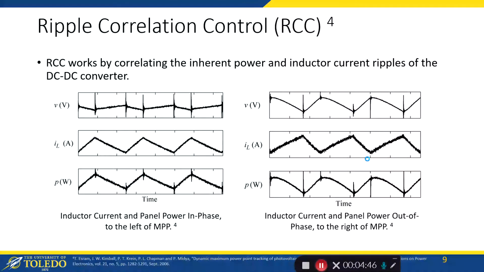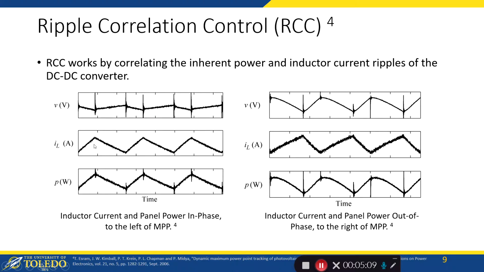Talking about the ripple correlation control, this is the algorithm that we have used for the controller. Here we see two diagrams on the left and on the right, showing the panel voltage, panel power, and in the middle the inductor current from the converter.